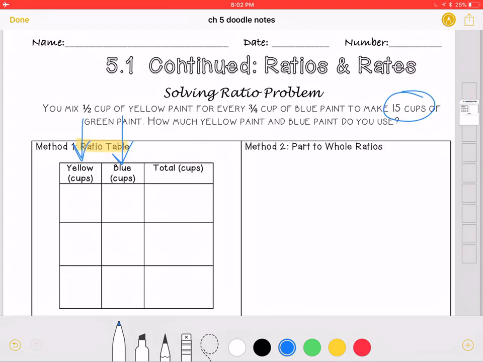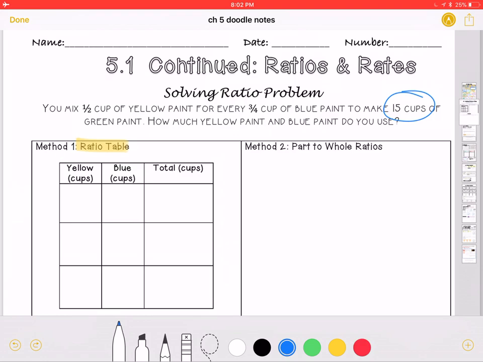You'll have a row for each of them, the yellow and the blue, and then you'll have a total cup row or just a total row. So you'll always have one more than however many things you're mixing, and you're going to keep it the same. So if this is 3, we have 3 columns, then we'll also have 3 rows. So we have a 3x3 table here because we're mixing 2 things together.